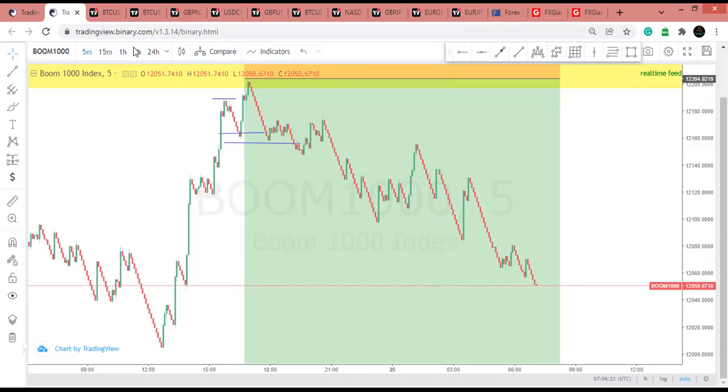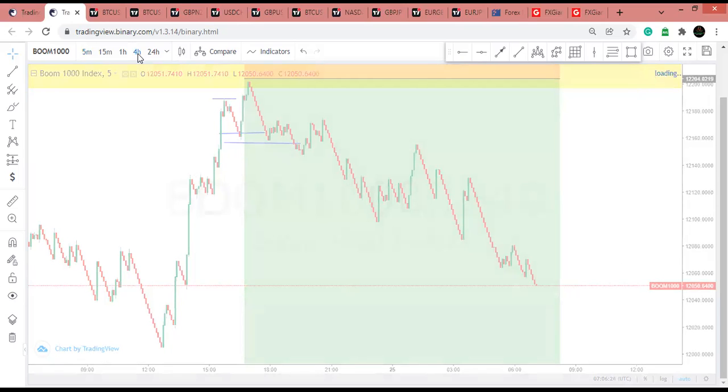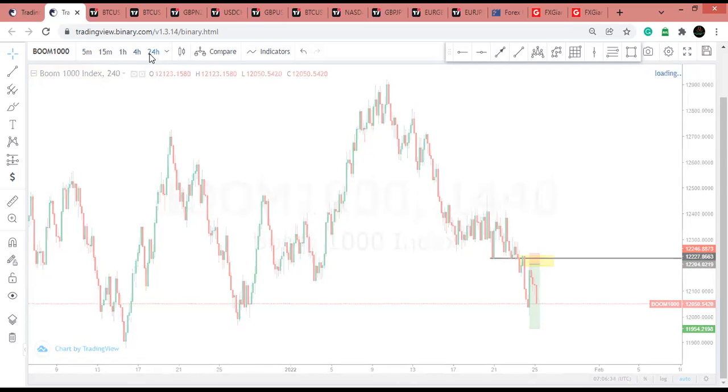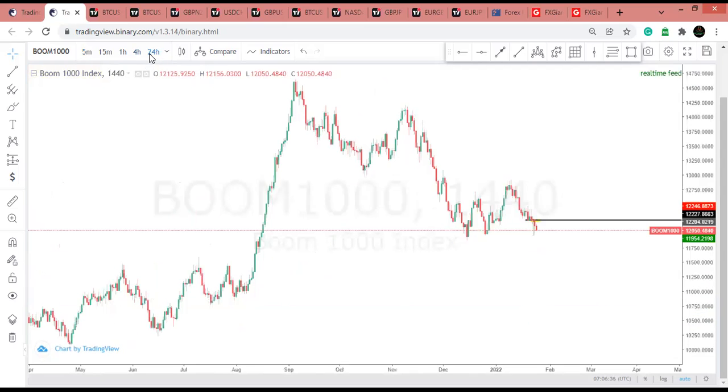So quickly, let's go to the 4 hours time frame. This is 1000. We are in a sell at the moment. Let's go to daily time frame. Looking at 1000, let me bring out my polyline for my students that are looking at it at the moment. You all know 1000 is on a downtrend.